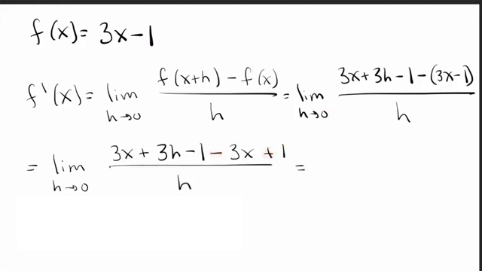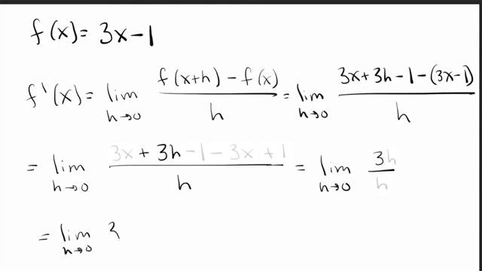Next, we've got some like terms. On the top we've got 3x minus 3x. Those cancel out. And we've got negative 1 plus 1. Those cancel out. So all we're left with is 3h over h. Here the h's cancel. I get the limit as h goes to 0 of 3.